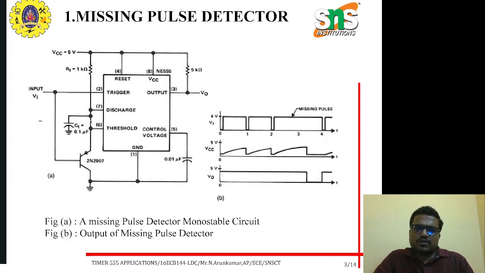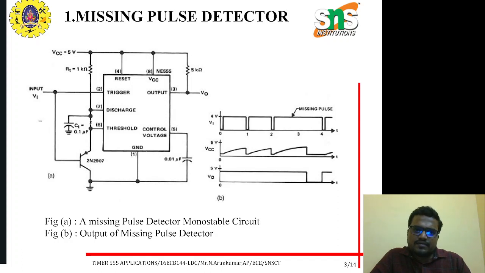That type of frequency can be identified by using this missing pulse detector, which is built using a capacitor, a resistor and a transistor. Based on the output, we can find which pulse may not occur in the concerned frequency range.